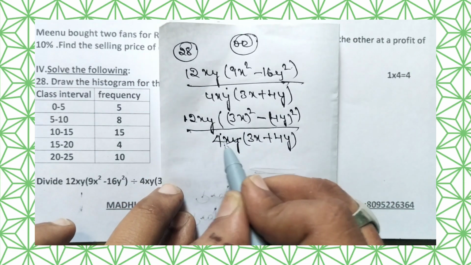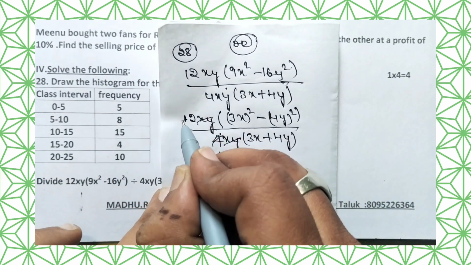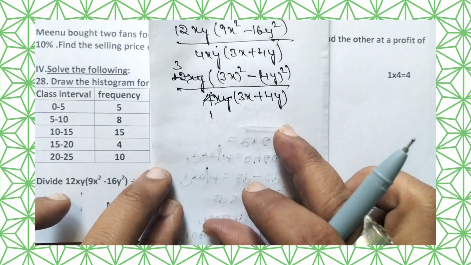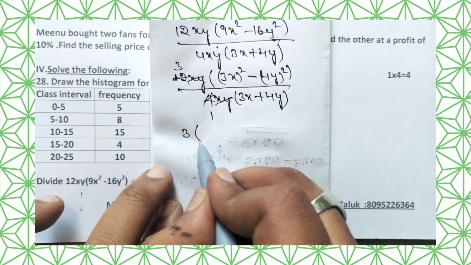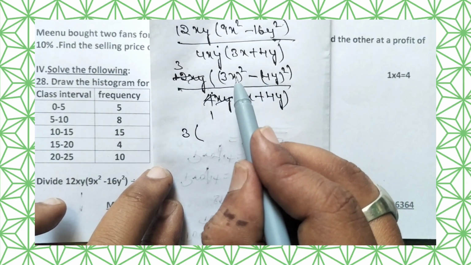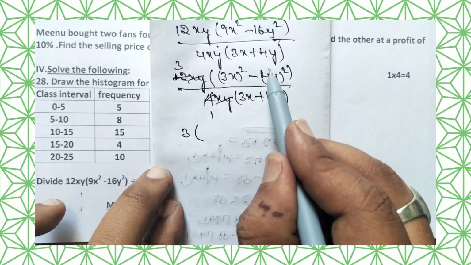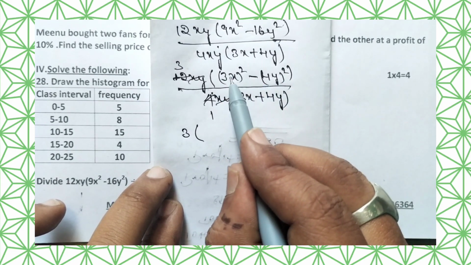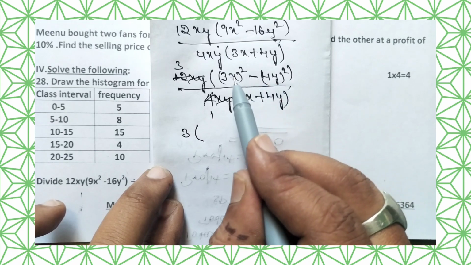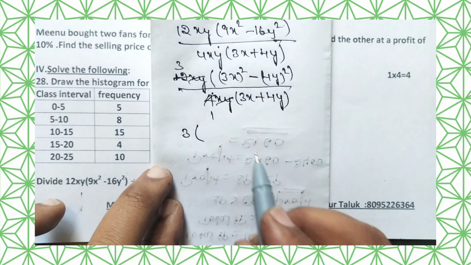So xy cancel, 4 1s are 4, 4 3s are 12. So what is the remaining? 3. Look, it is in the form of a square minus b square. This is a square, this is b square. A square minus b square can be written as a plus b into a minus b.